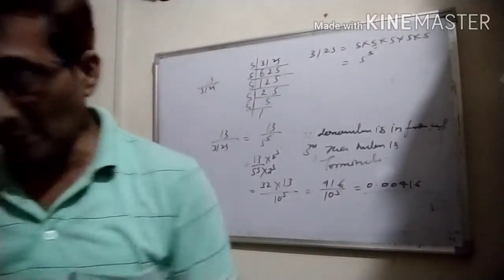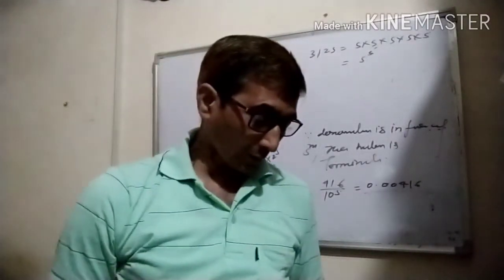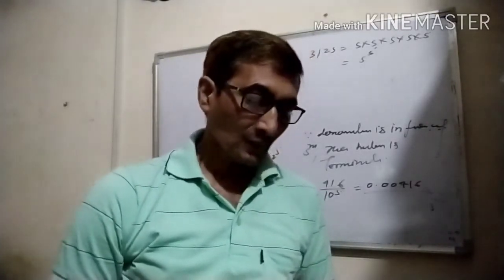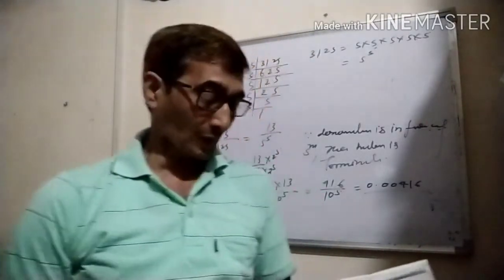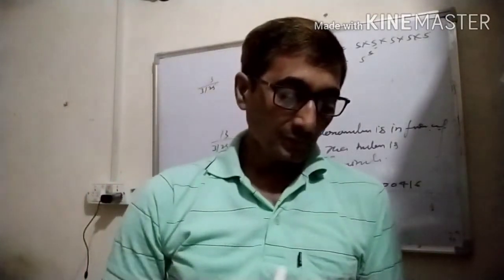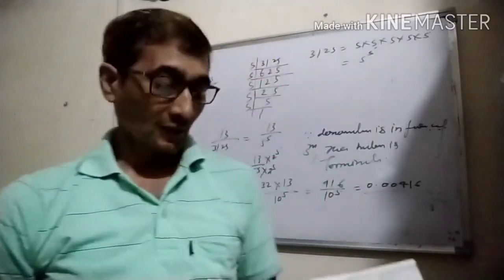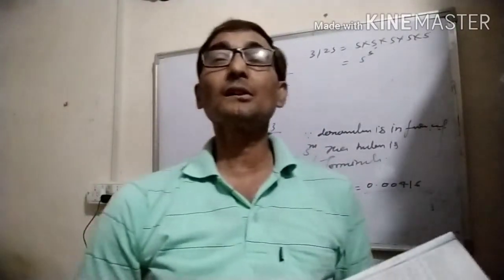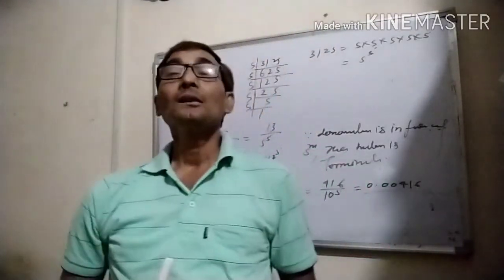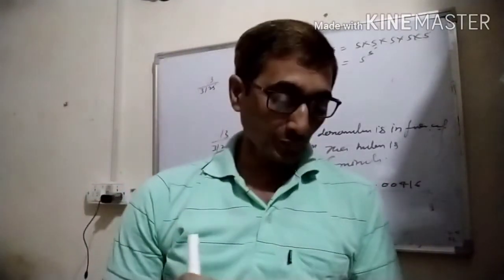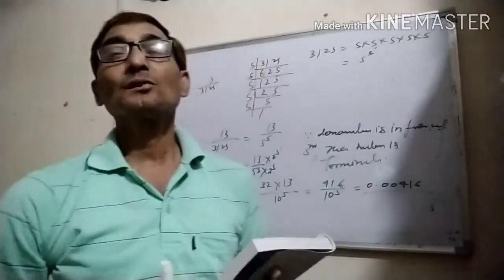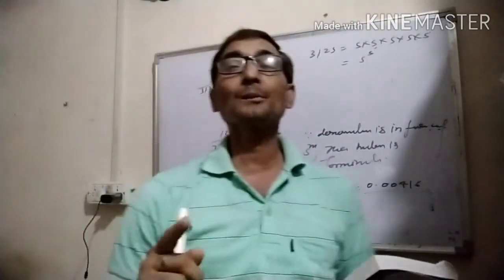All parts of the first question of exercise number 1.4 can be explained as terminating or non-terminating. See question number 7. In question number 7, the denominator is in the form of 2 to the power 2, 5 to the power 7, but 7 to the power 5 is also included. So this number is non-terminating.